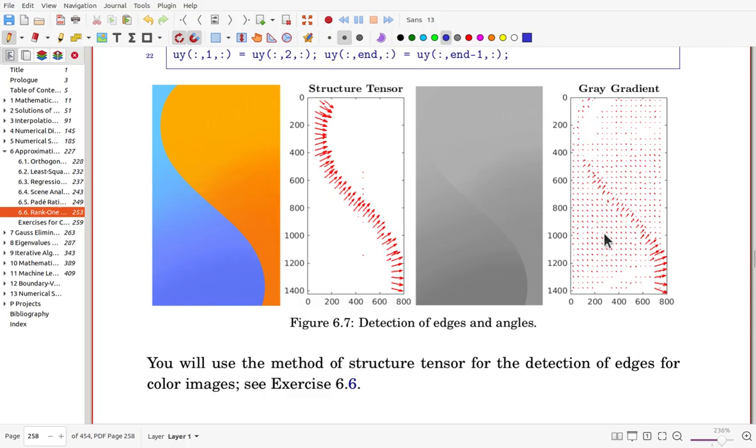And also, there are many noise components here. So by using the structure tensor with averaged computation of the Sobel gradient, you can get edge detection much better, rather than transforming to grayscale and then using the grayscale gradient.